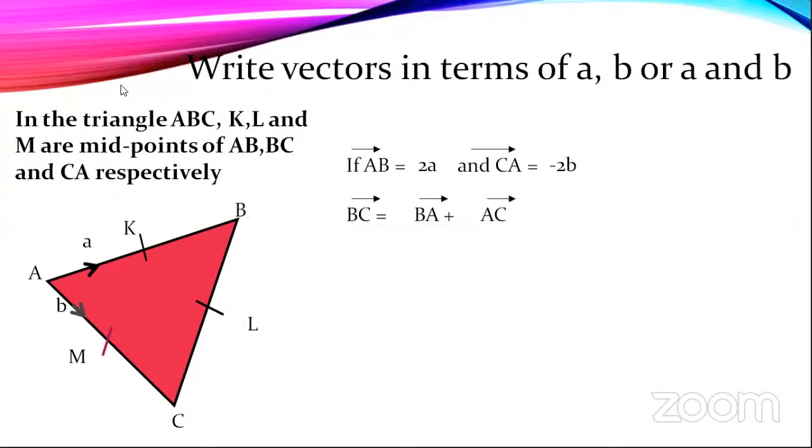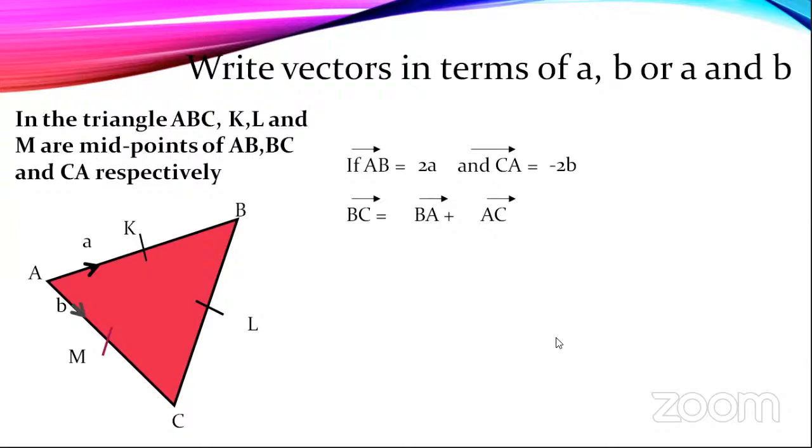So students, when you have the questions, you have to look at what you're given, and from what you're given, we're going to see how we can answer the questions. We are realizing here that the vector BC can be determined by going to the route BA.